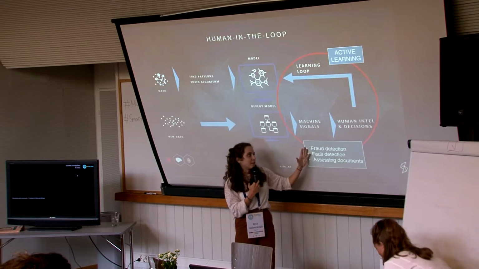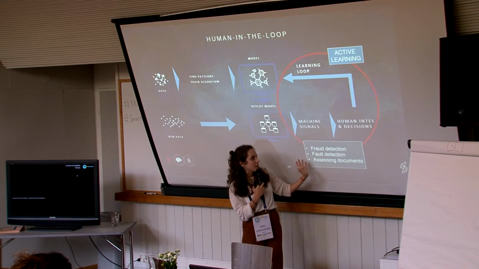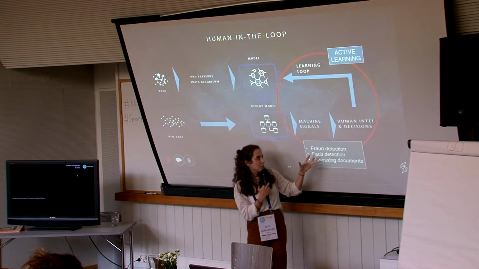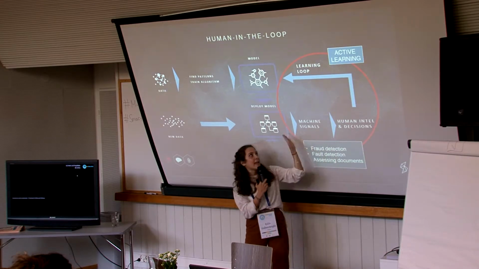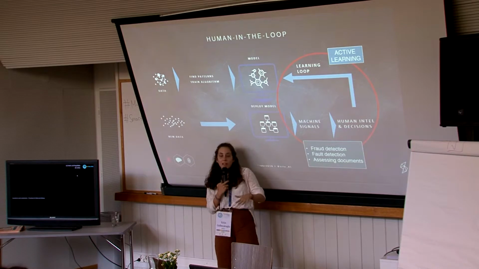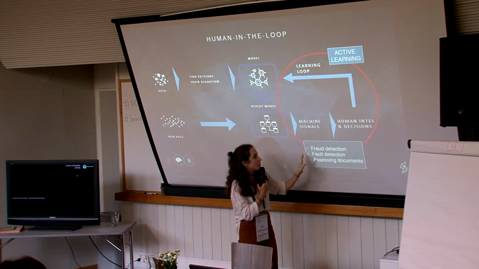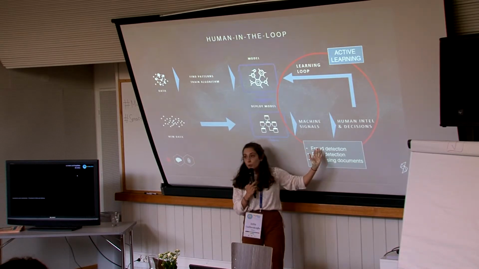I put some nice use cases. I think fraud detection, fault detection, and assessing legal documents are good use cases. About fraud detection, imagine AI can help you tackle many payment transactions, and AI can assist you in identifying what could be fraud.